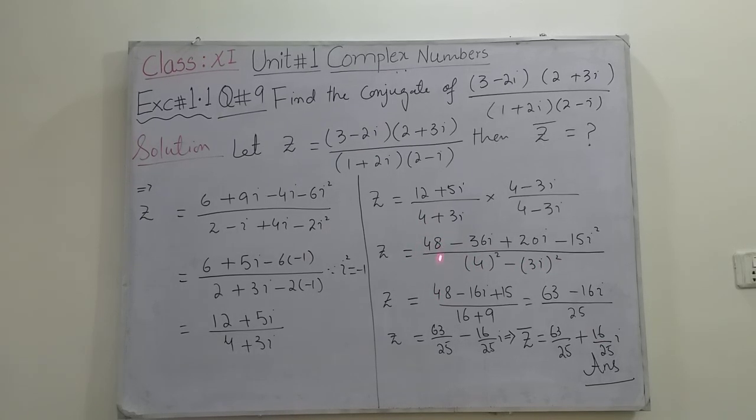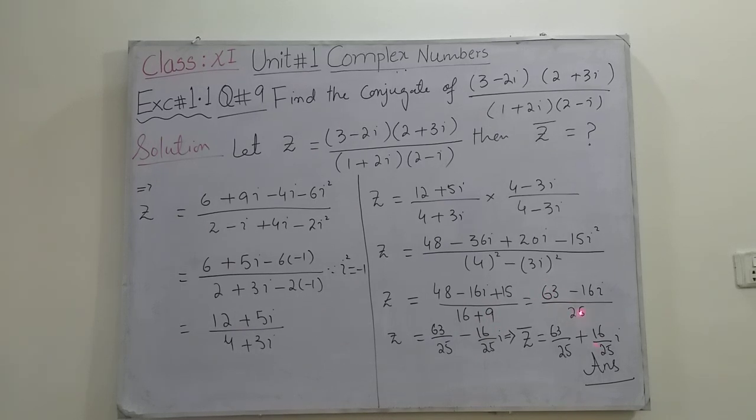Now the numerator becomes, after simplification, 48 minus 36 iota plus 20 iota minus 15 iota square, where iota square is minus 1, so minus minus plus 15. And for the denominator, 4 square 16, 3 iota square 9 iota square, where iota square is minus 1, so minus minus plus again 9. 48 plus 15 gives 63 minus 16 iota, and here 16 plus 9 gives 25.